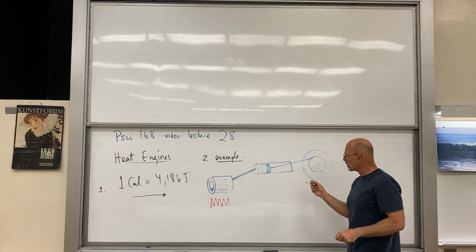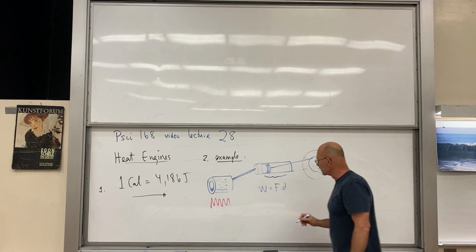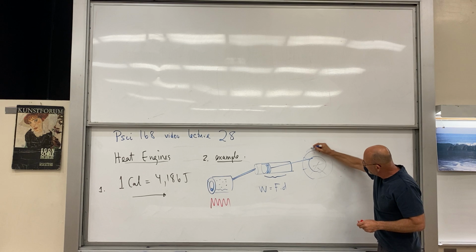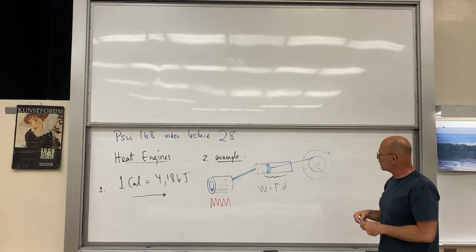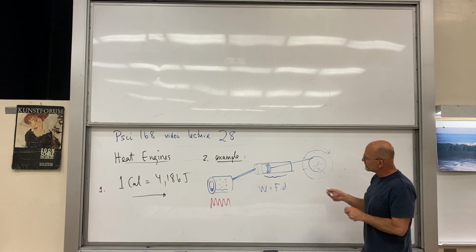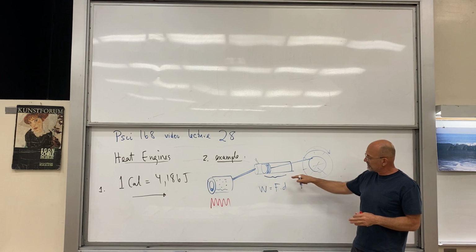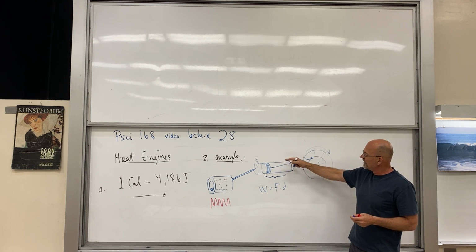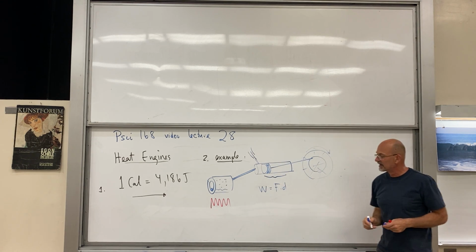So that work, I could even write here, is force times displacement. So we know we're getting that. On the other hand, to complete one revolution of that wheel, we're going to have to open a valve every revolution, or every half revolution, to let that steam be ejected.